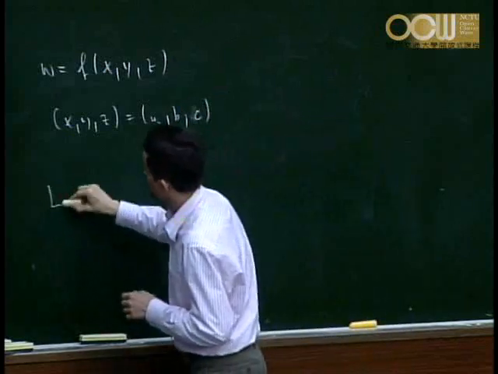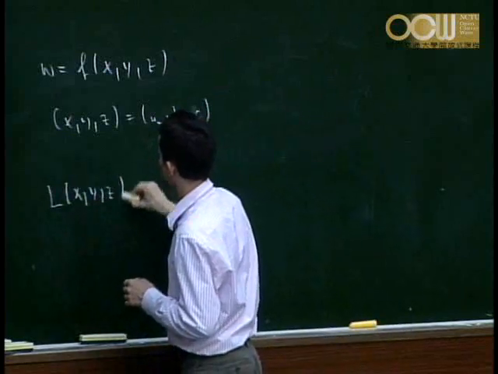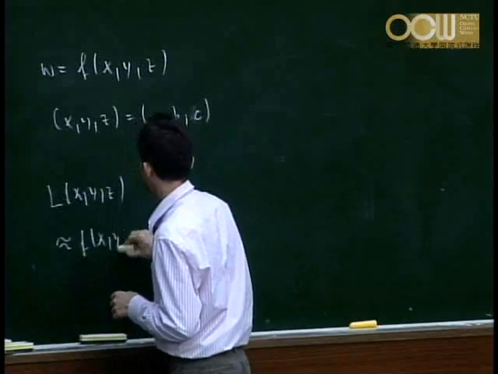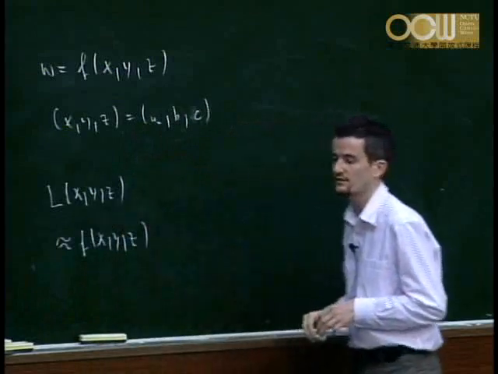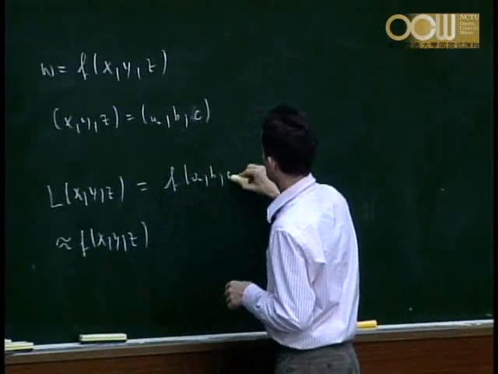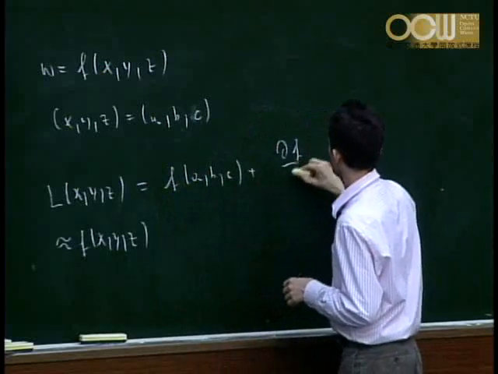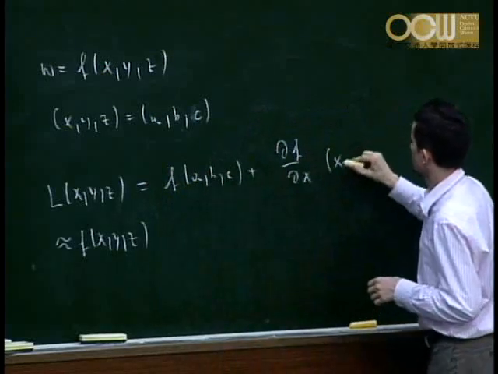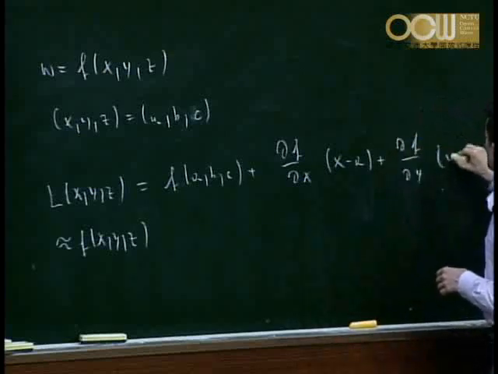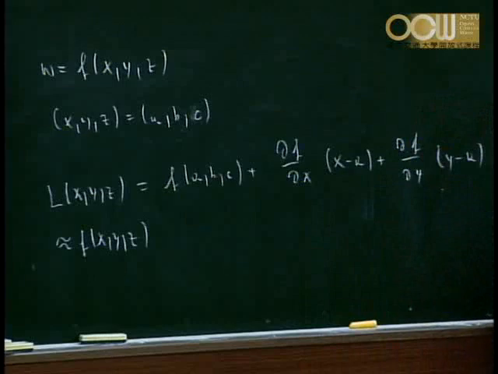Then again we can define the linearization, which for differentiable functions will approximate the original function, and here what we have is f of a, b, c plus the partial derivative of f with respect to x times x minus a, plus the partial derivative of f with respect to y times y minus b, plus the partial derivative of f with respect to z times z minus c.